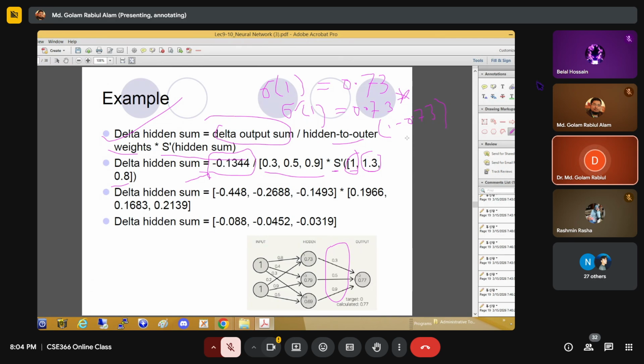So this will be our derivative of the sigmoid of 1.